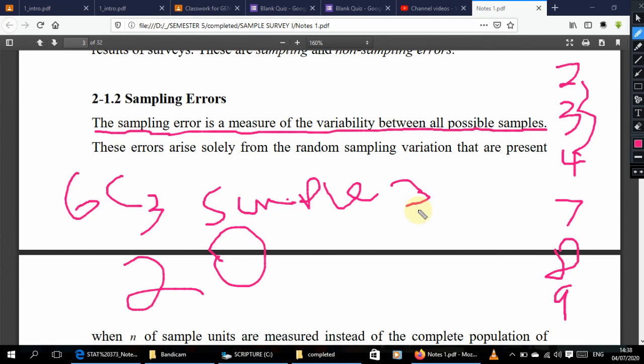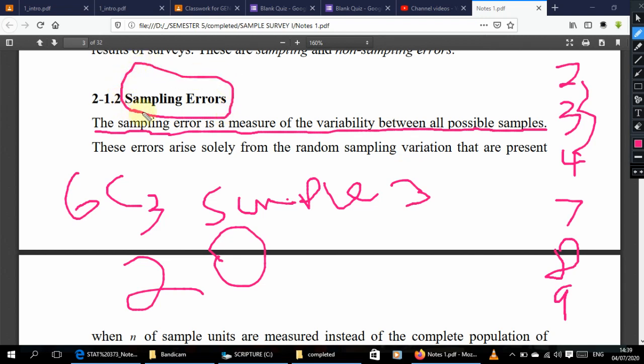Depending on what you pick, somebody might come and pick a different thing, so there is variation and change. To capture that change is the error we are talking about, the sampling error. This error only occurs as a result of sampling.